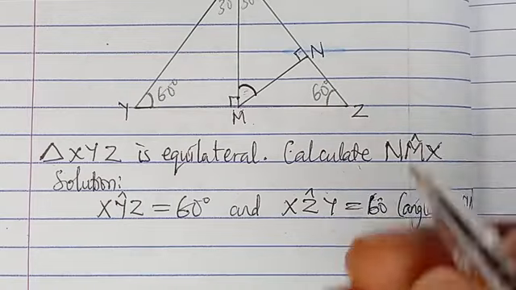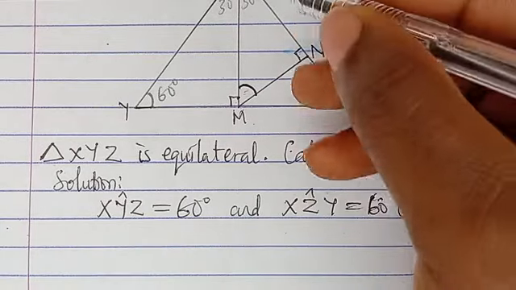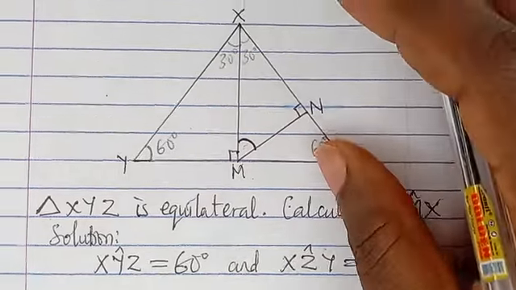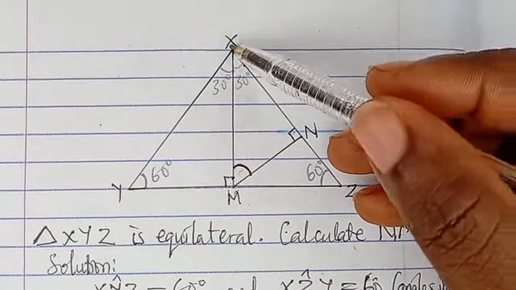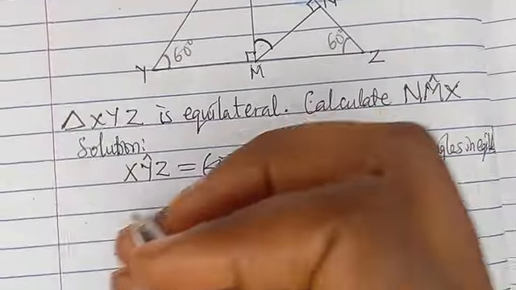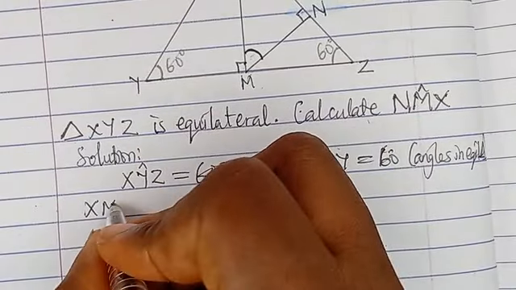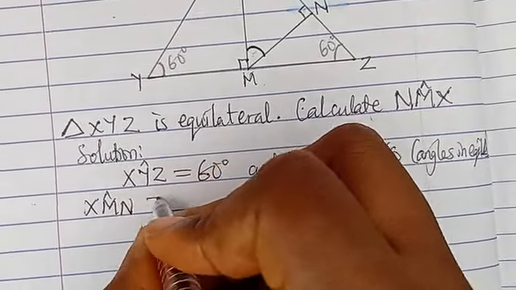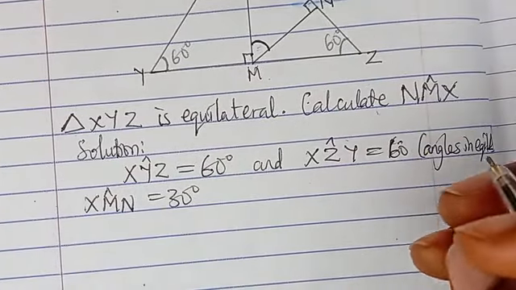We have that angle, I'm interested in just this angle, angle XMN. So we have that XMN is equal to 30 degrees.